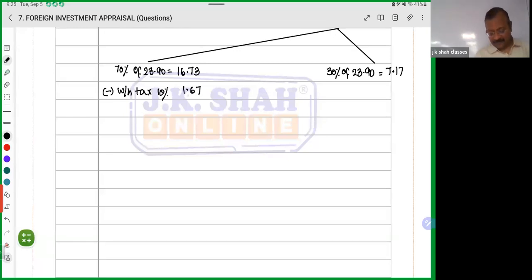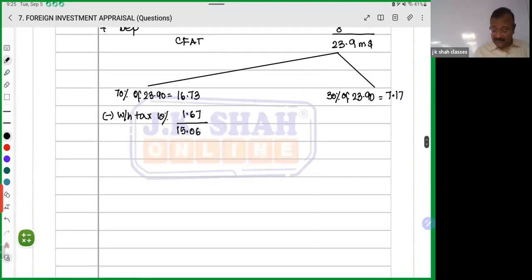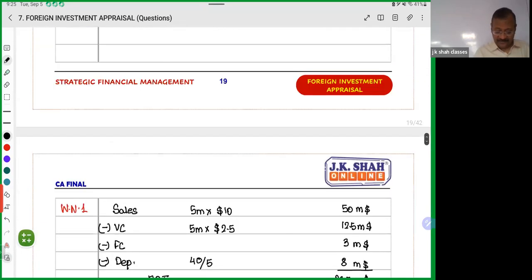1.67. That means your cash flow every year is 15.06, right? Now, wait. Is this 06 or 07? This is 15.06, right?